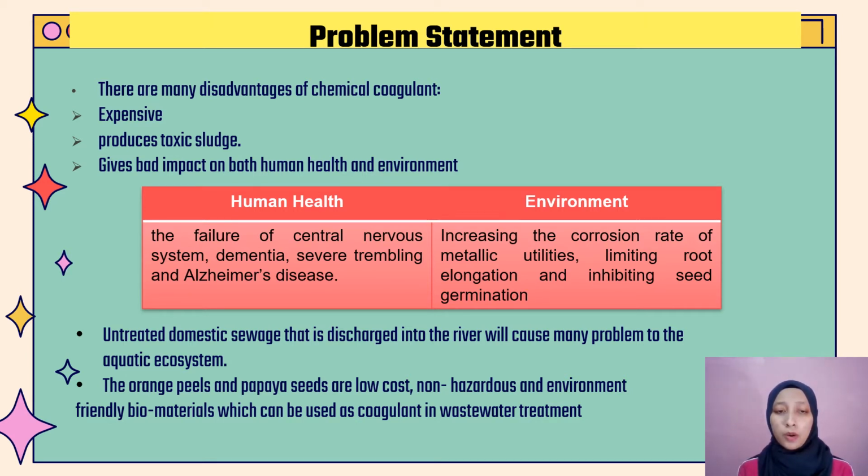Chemical coagulant also gives bad impact on human health and environment. For human health, it causes the failure of central nervous system, dementia, severe trembling, and Alzheimer's disease. While for environment, it increases the corrosion rate of metallic utilities, limiting road elongation and inhibiting seed germination.